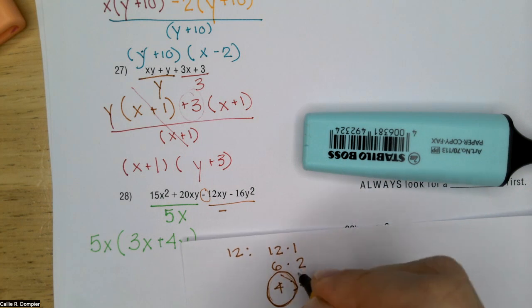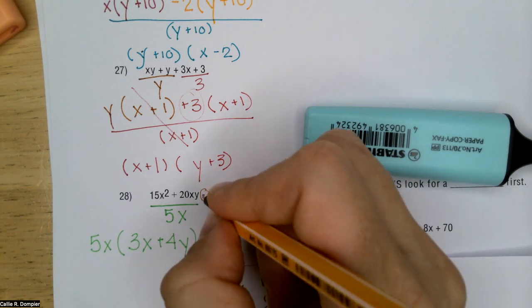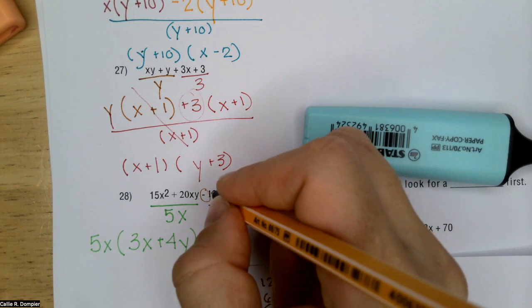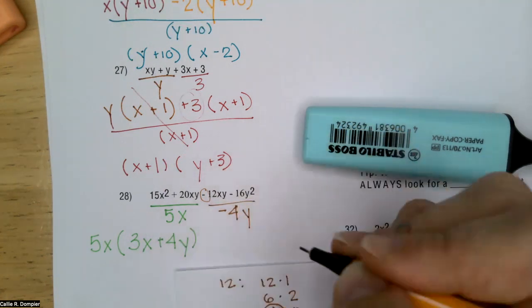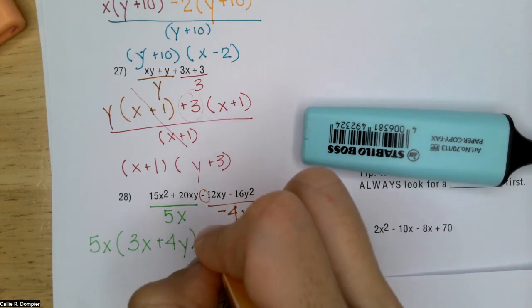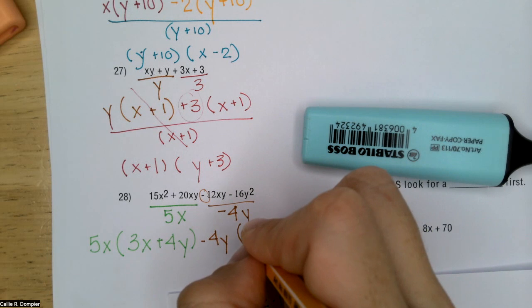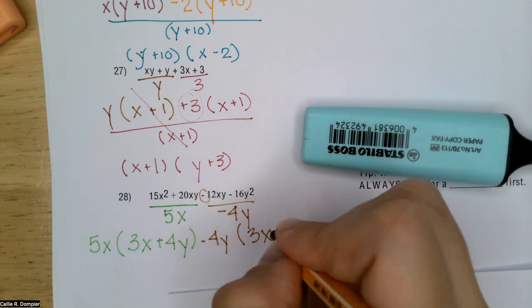I want to pick the biggest one because though I can use 2, I want to use the biggest one possible, okay? I'm going to say it's 4, and remember it's a negative because that was a minus. 12 and 16 are both divisible by 4. xy and y squared, I can pull out a y. Negative 12 divided by negative 4 is a positive 3. xy divided by y is an x.